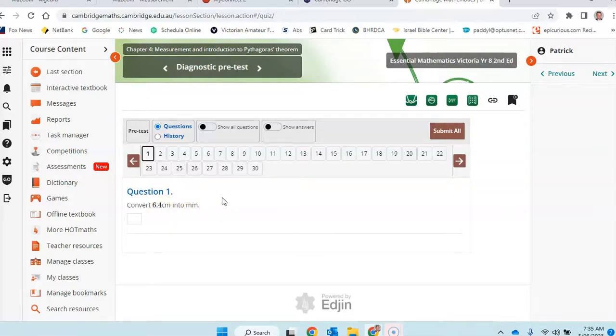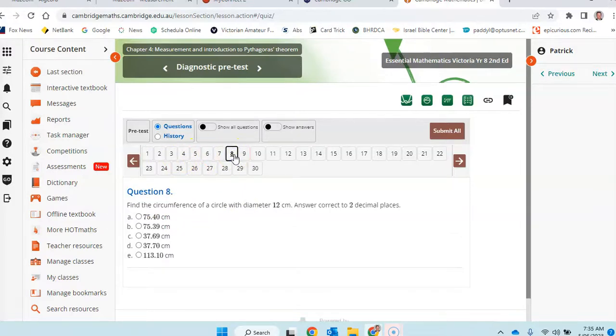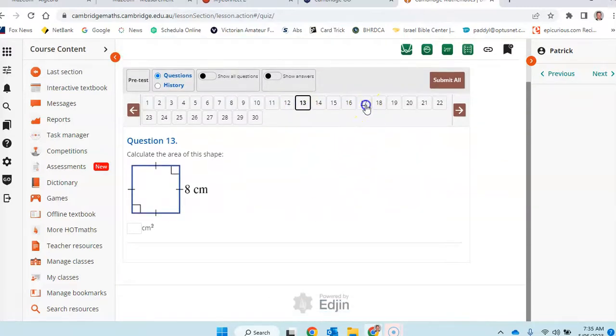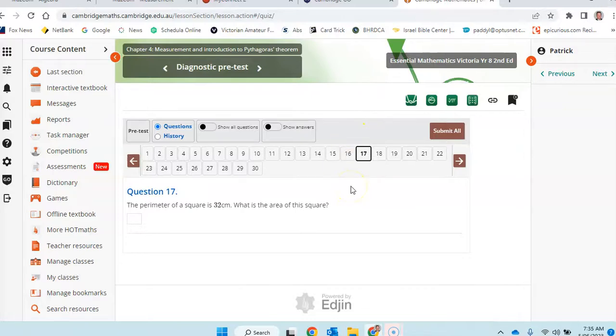We know there's 10 millimetres in a centimetre, so you'd be able to multiply by 10. Other questions: circumference of a circle is pi d. Area of a shape. Perimeter of a square means all sides are equal length, so 4 times the side.